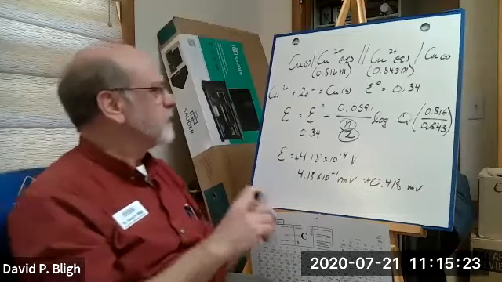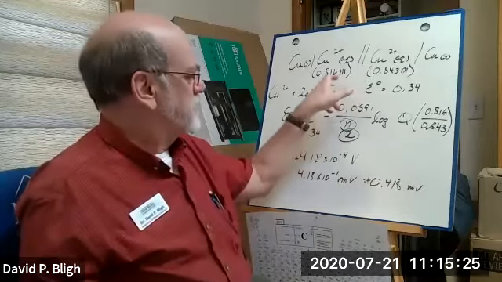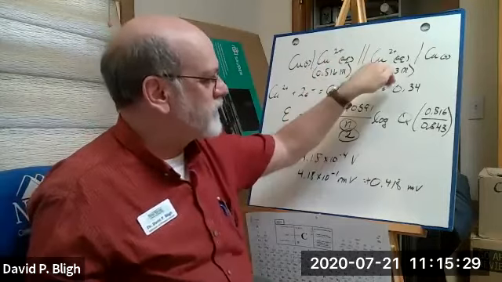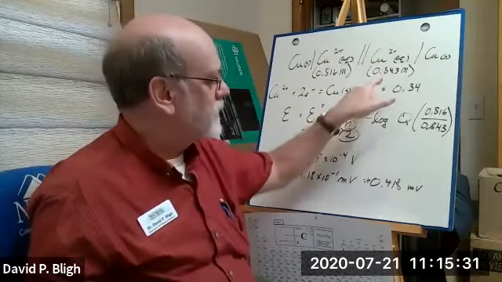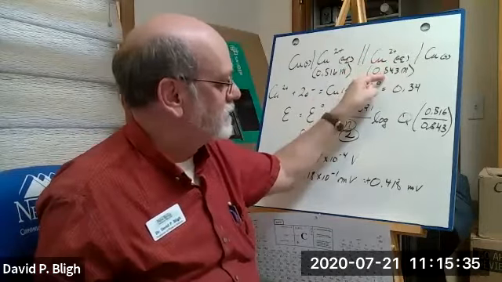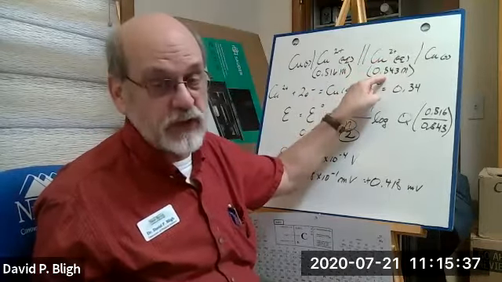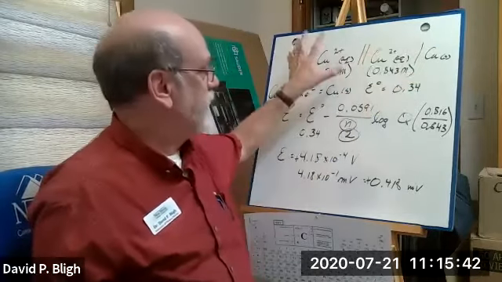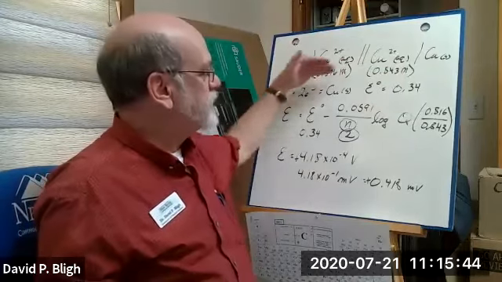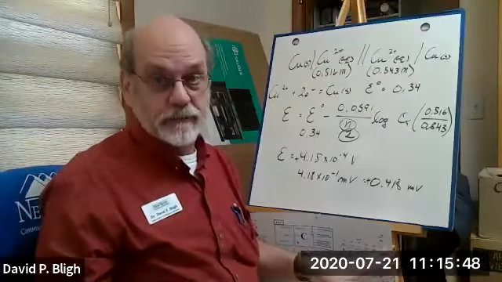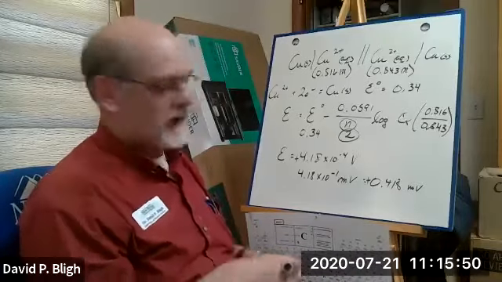What you want to do is, if this is the smaller value, you need to increase this one and decrease that one. And in order to decrease this one, you have to make copper out of it. Right? So that means it has to be reduced. So that's a key there, that this is the reduction side and that's the oxidation side. Once these concentrations are equivalent, the cell's dead at equilibrium.